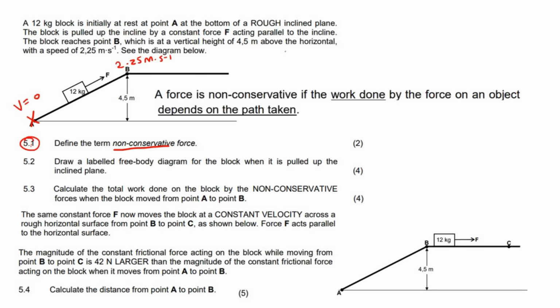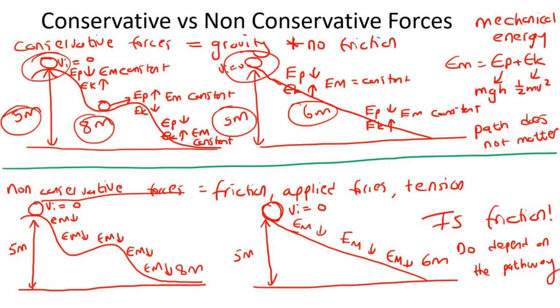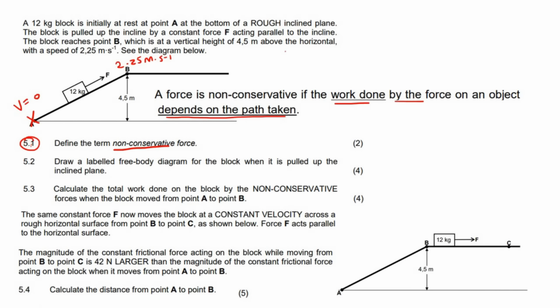So here we go. A force is non-conservative if the work done by the force on an object depends on the path taken. Now that's what we said. Non-conservative forces do depend on the path. Okay, so yeah, hope that makes sense.